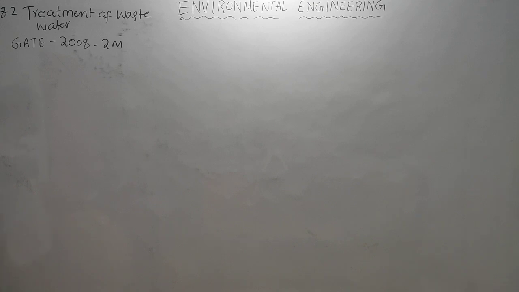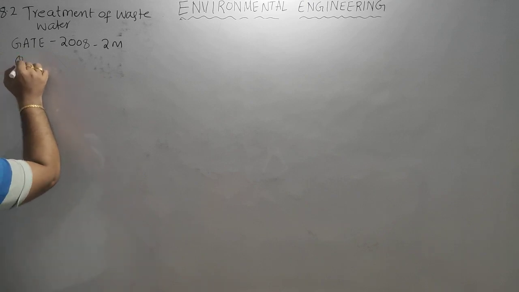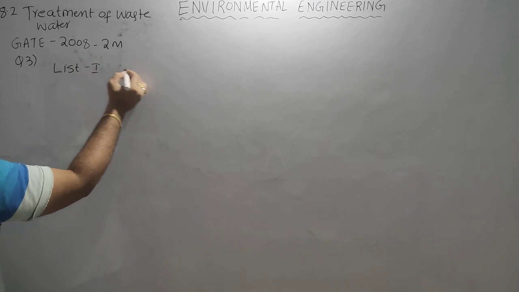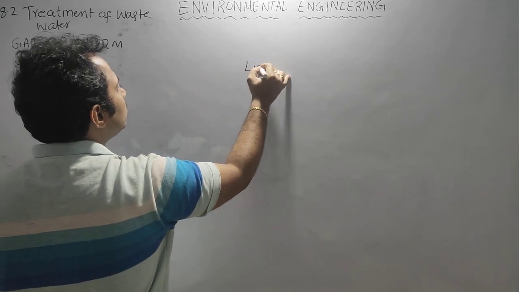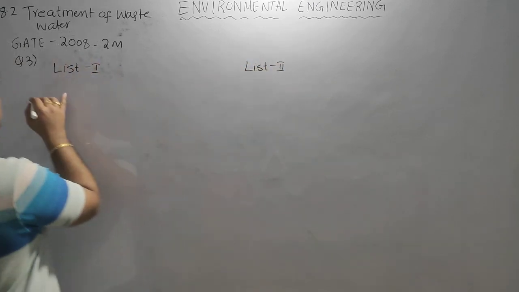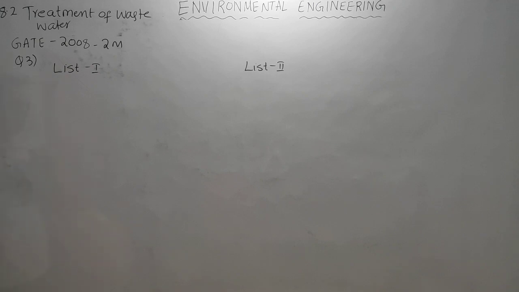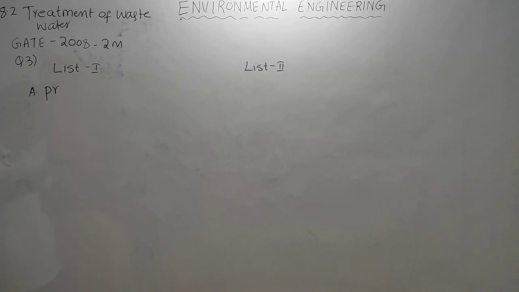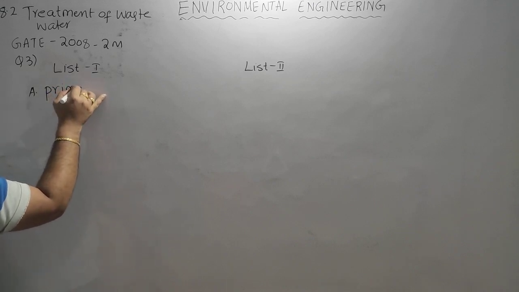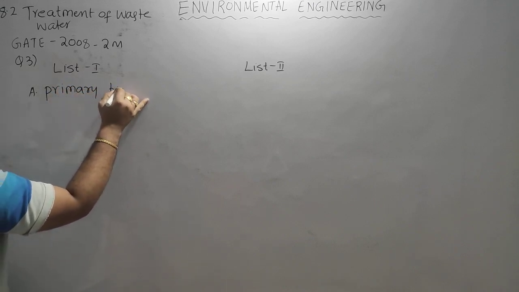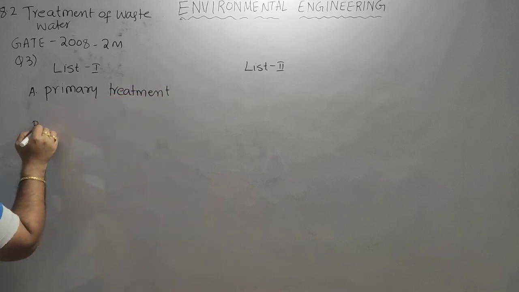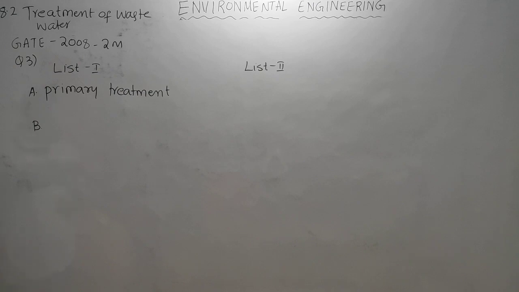So GATE 2008, 2 marks question. It is a match the following question. So there is list 1 and there is list 2. The first one is primary treatment, and the second one is secondary treatment.